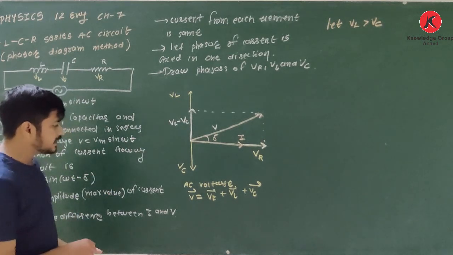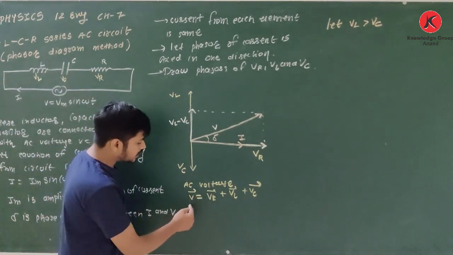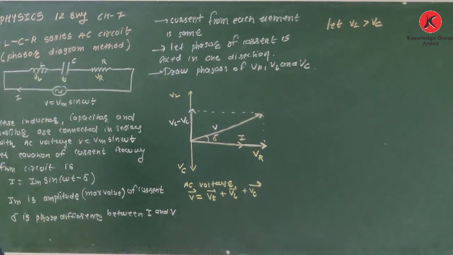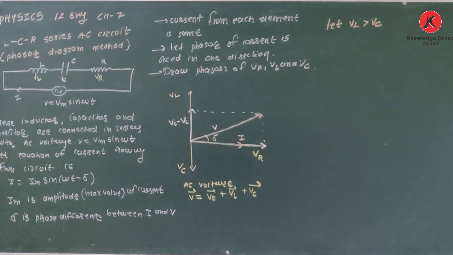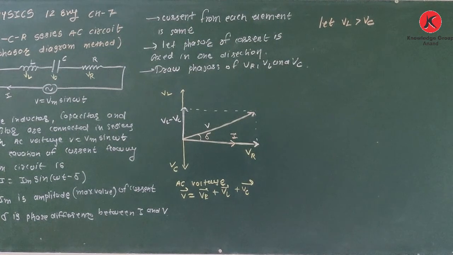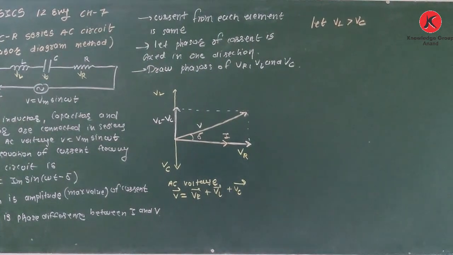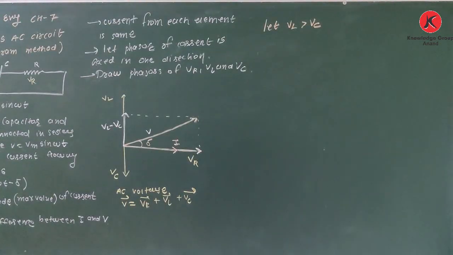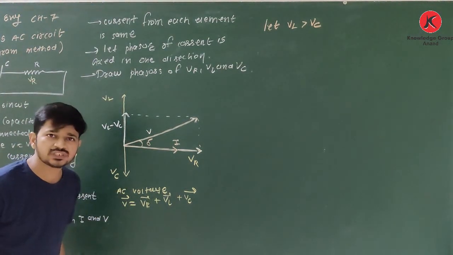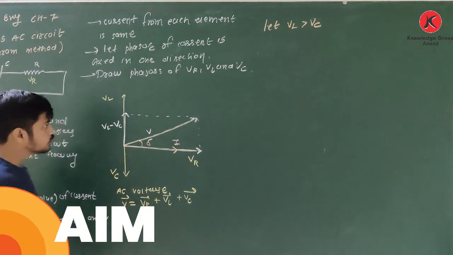Now how to write it? AC voltage V is equal to VR plus VL plus VC. How to write its magnitude?